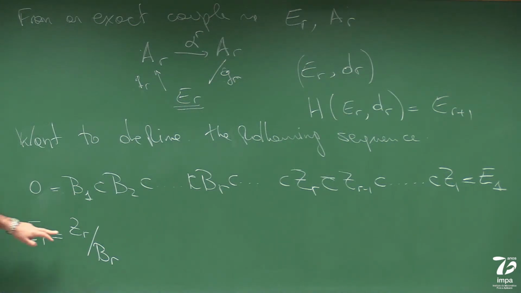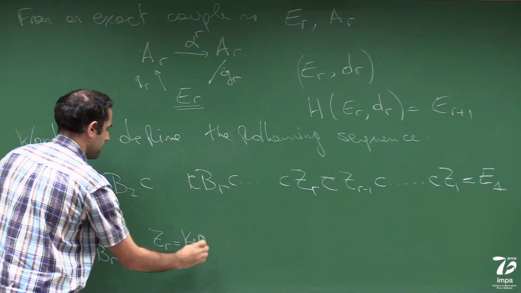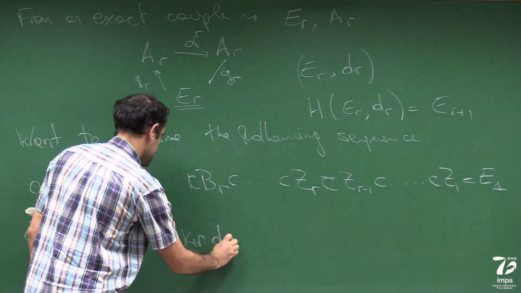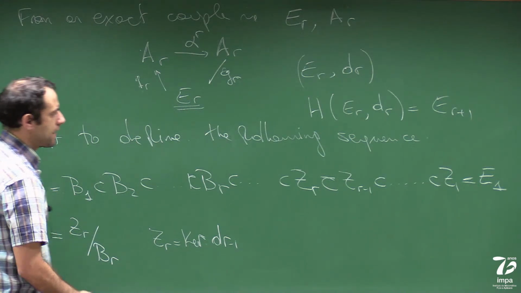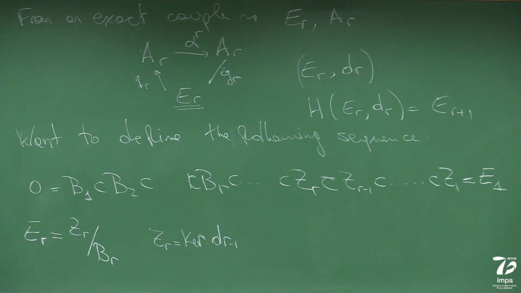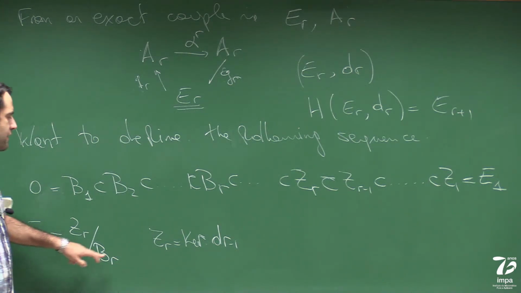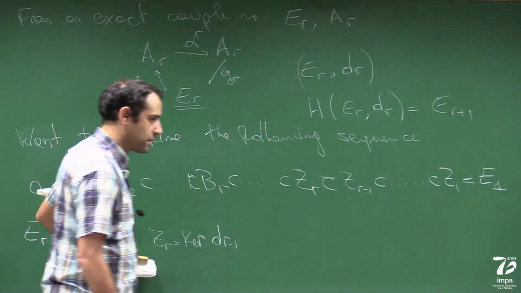So in particular, I want this Z^r to be the kernel of G_{r-1}. Oops, I want the other way around. If I make this one 0, then E_1 by definition is going to be Z^1 divided by B^1. So I guess the ordering is correct there. For r equal to 1, this is just the definition. And then for r bigger than 1, this is what I want.